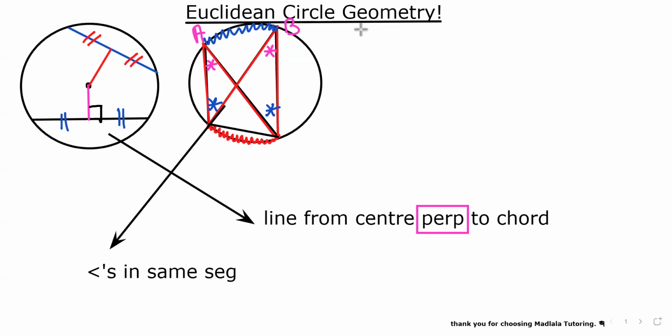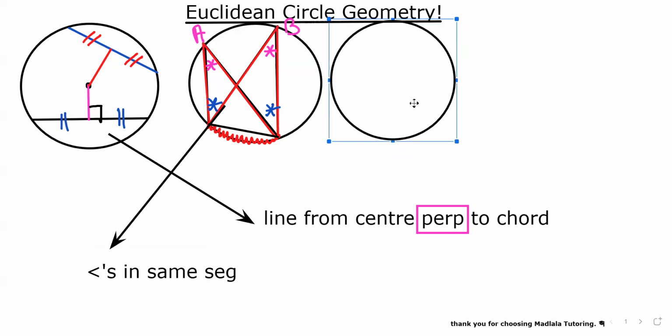Okay. There's also another theorem which follows from this one. But in order for it to be true, we must have a center in that case. What does this theorem say?